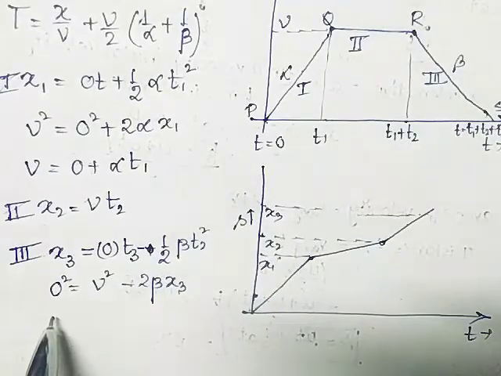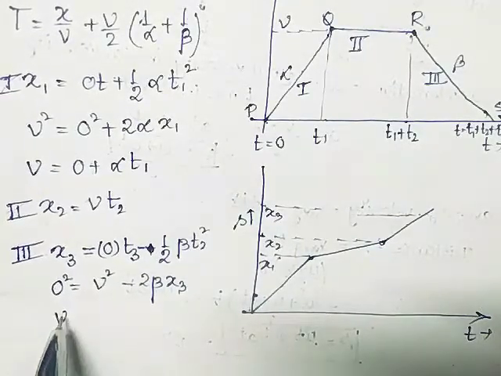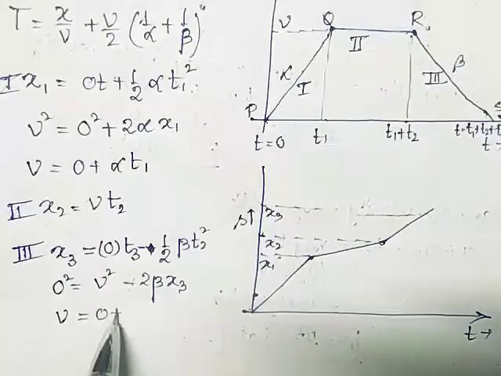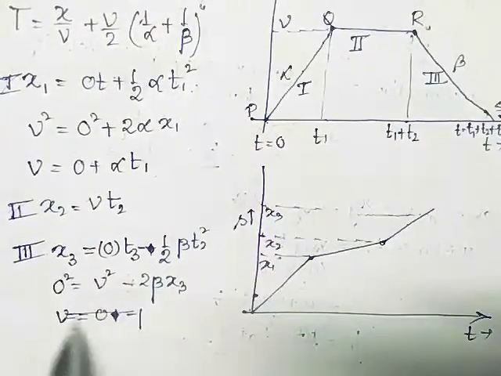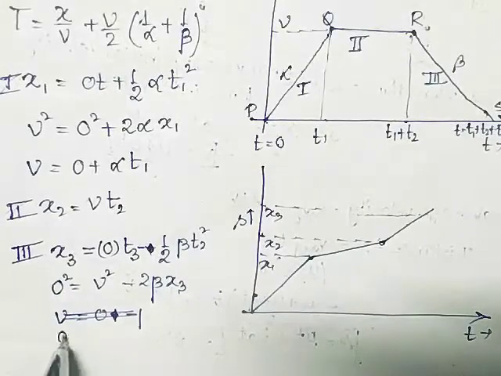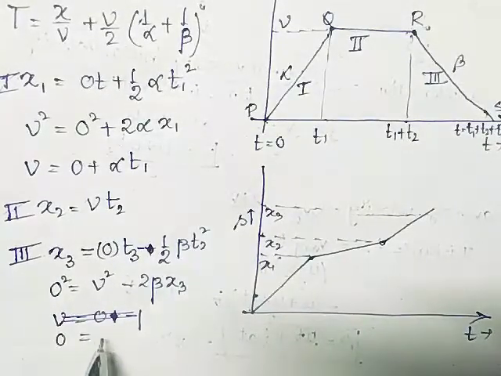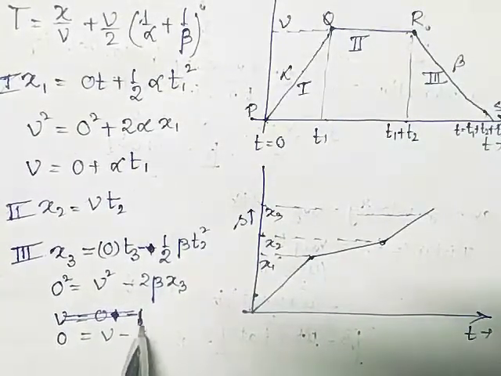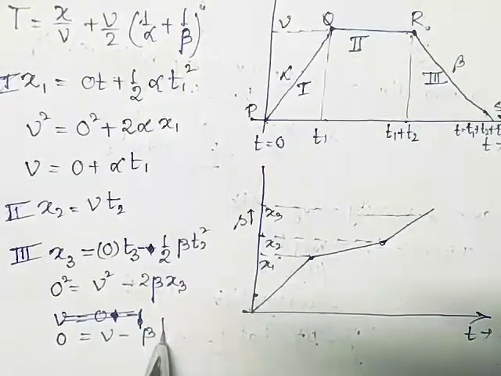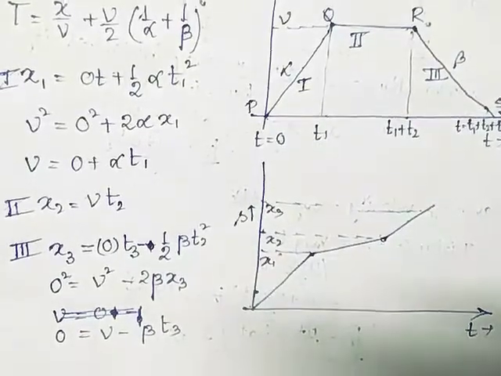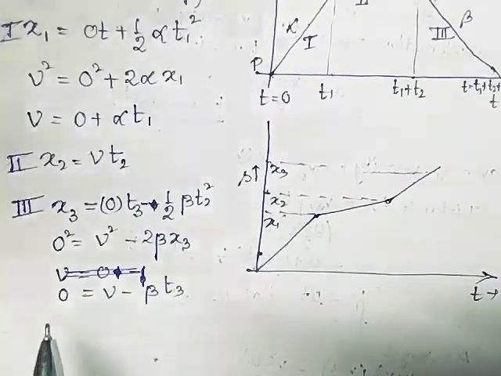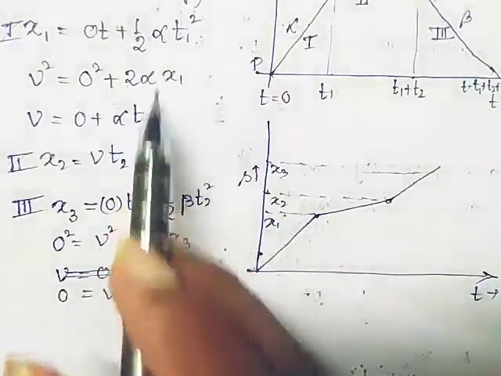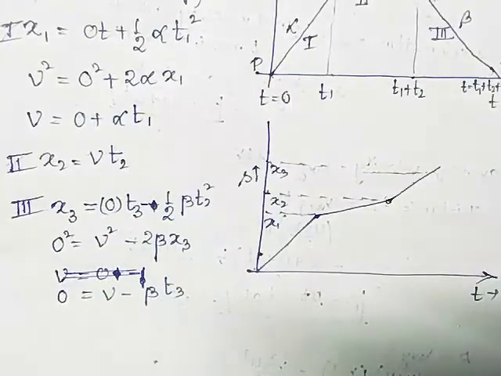Again, the final velocity is 0, the initial velocity is v, the retardation is beta, and the time is t3: 0 equals v minus beta into t3. So these are the equations, 3 plus 3 plus 1, 7 equations we can write.